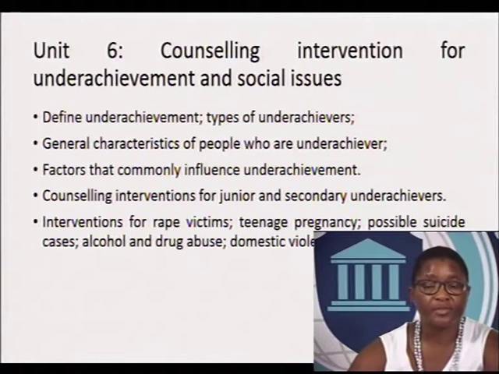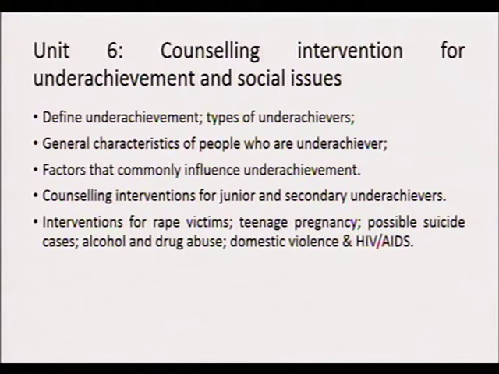Then we look at this counseling intervention for underachievers' social issues. This is now a unit itself. In there we need to understand what is meant by underachievement and what are the different types of underachievers, the general characteristics of people who are underachievers.